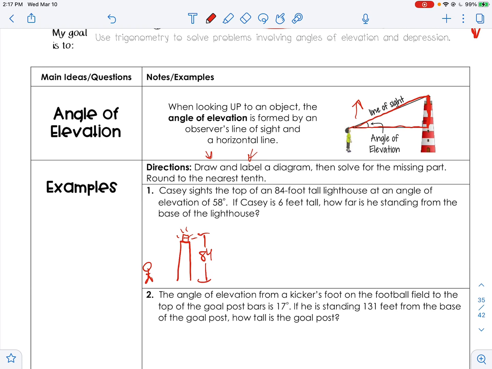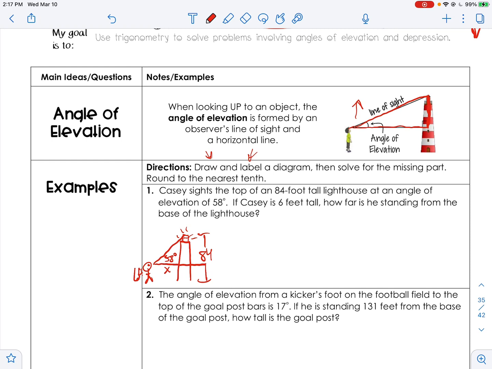And the angle of elevation that is being created, okay, is 58 degrees. If Casey is 6 feet tall, so this is 6 feet, and that's where Casey's eyeballs are. Okay, how far is he standing from the base of the lighthouse?